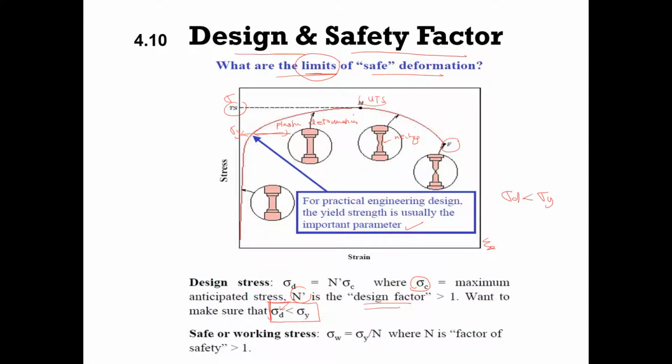Safe or working stress, sigma W, is equal to sigma Y, your yield strength, over N, and N is the factor of safety. The factor of safety is equal to or larger than 1. Let us look at some examples on this design and safety factor.